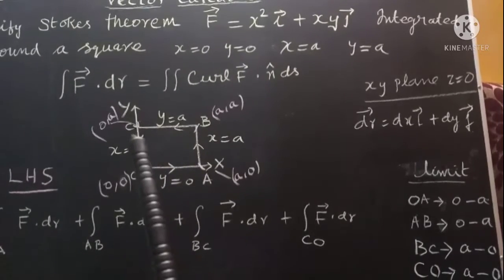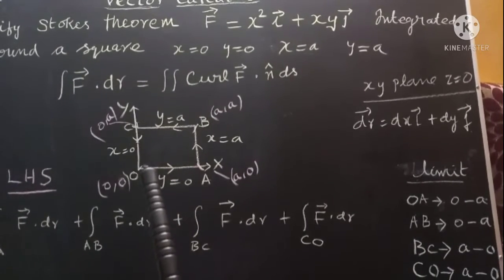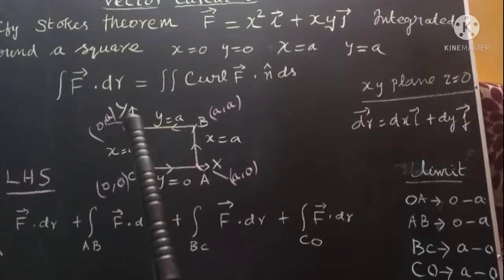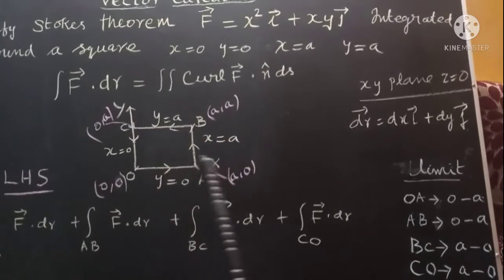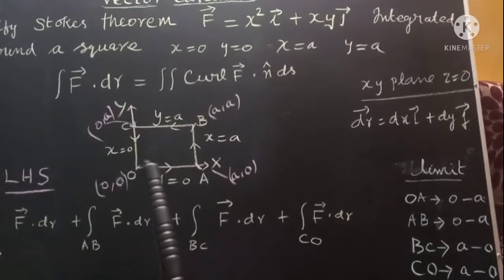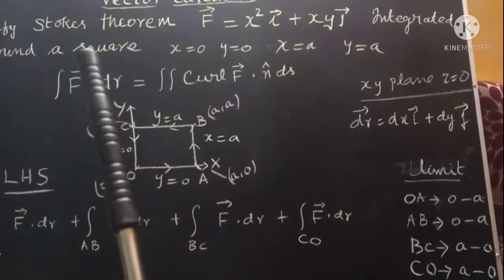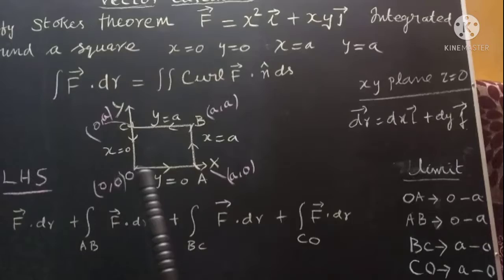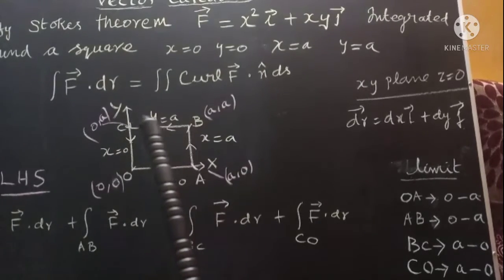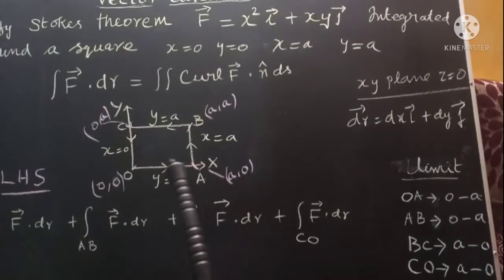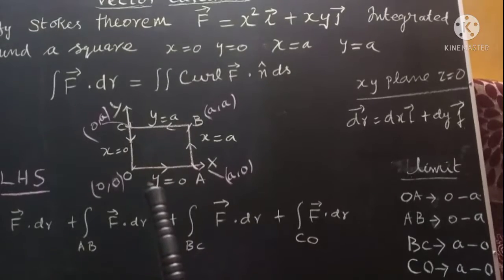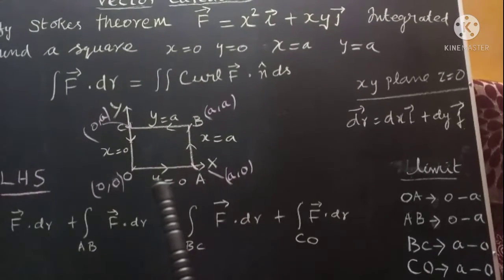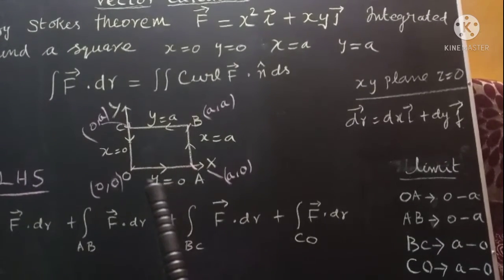First, we have to draw the diagram: x-axis, y-axis, and a square. OA, AB, BC, CO are the four sides of the square. On the x-axis, y is equal to 0.